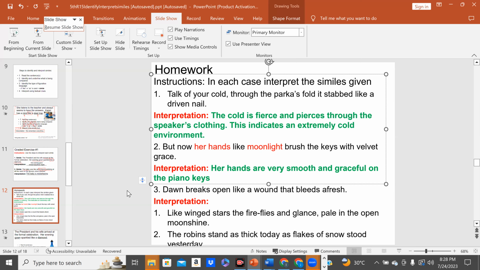Like, don't just appear. I mean, dawn shine breaks through the moonlight.